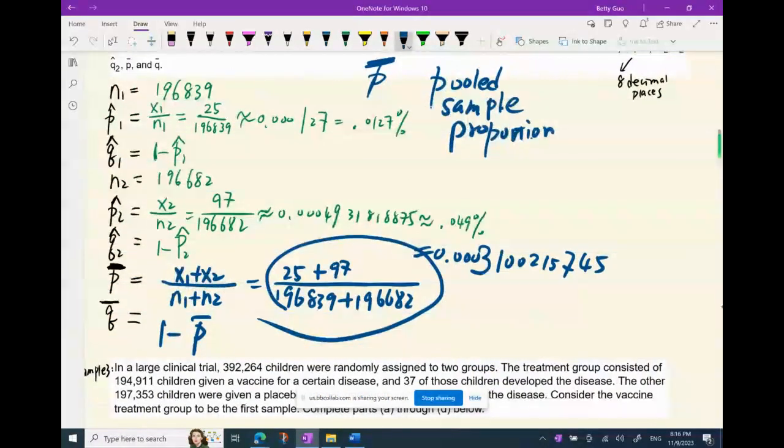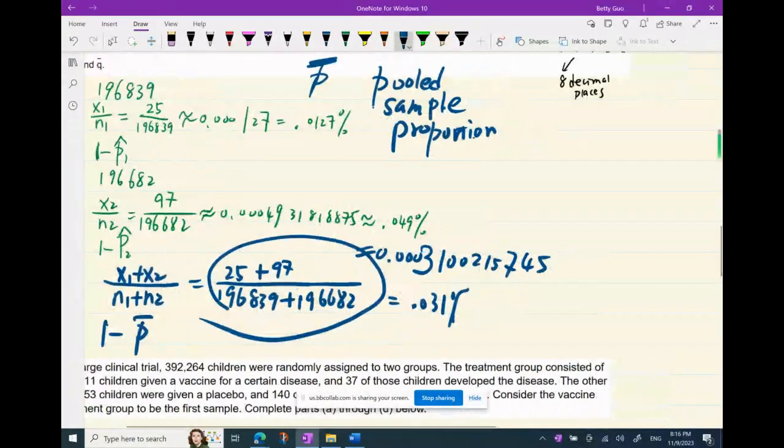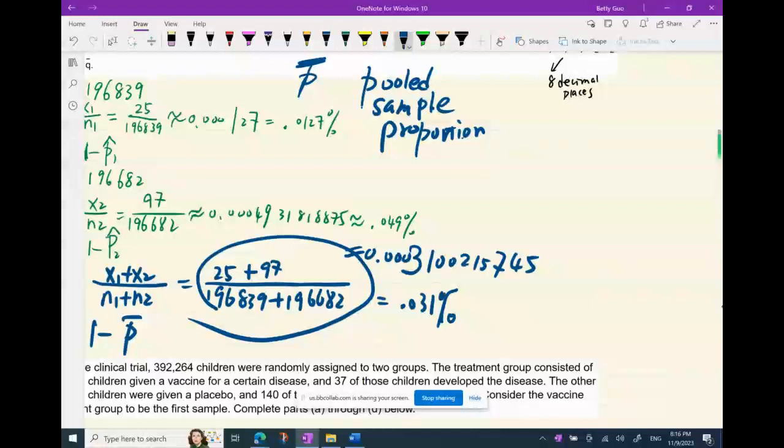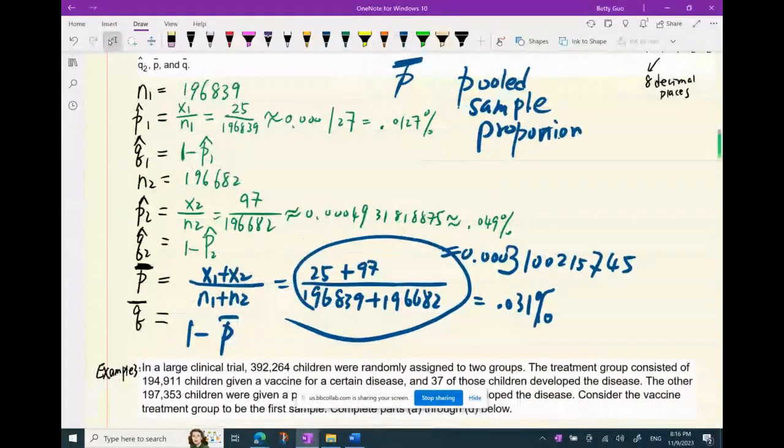If we convert to percentage, we have 0.031%. That's reasonable. Make sure you are precise and accurate.